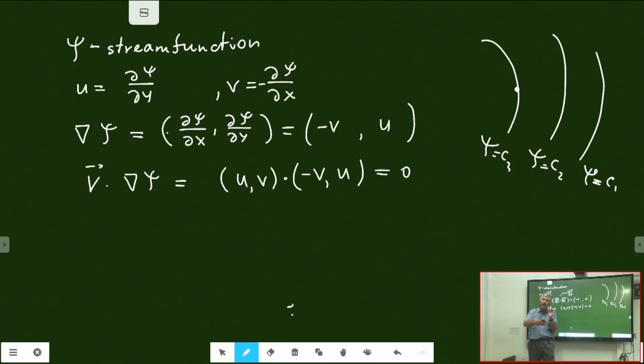If you are going along the level, you do not change anything at all. So the change is 0, and therefore it cannot be the gradient. The gradient is necessarily perpendicular to the levels. So the gradient is like that. The contour and the gradient form an angle of 90 degrees. It is not tangent, it is normal.